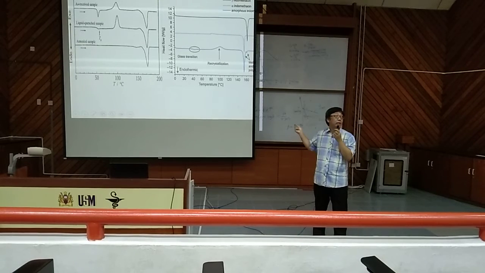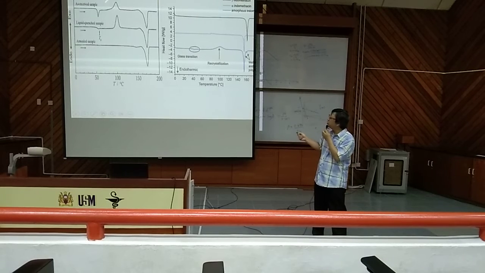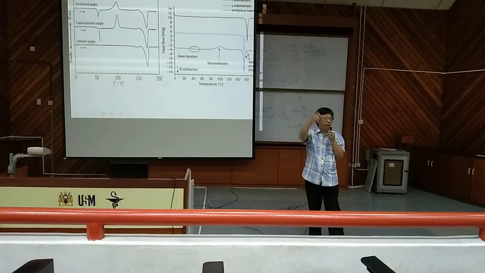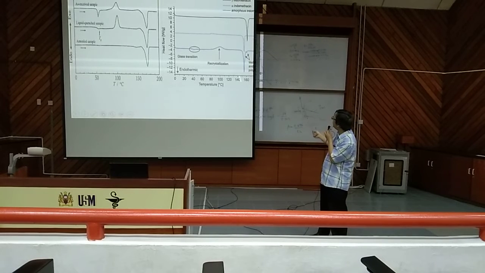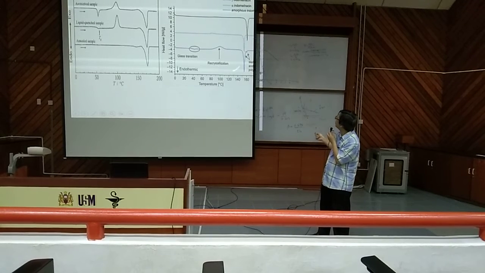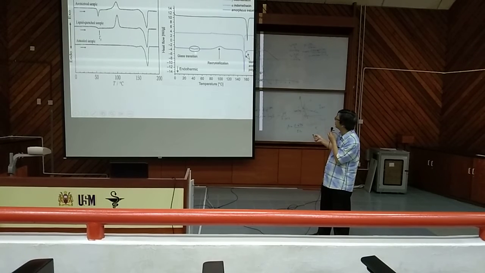So these two, Tg and Tm, both are endothermic processes. The rearrangement, this one is exothermic. Alright, understand? Okay, we look at DSC. Something like this. This one is for you to compare. I give you the example with indomethacin, the alpha and beta forms. Then over here they have a glass transition.